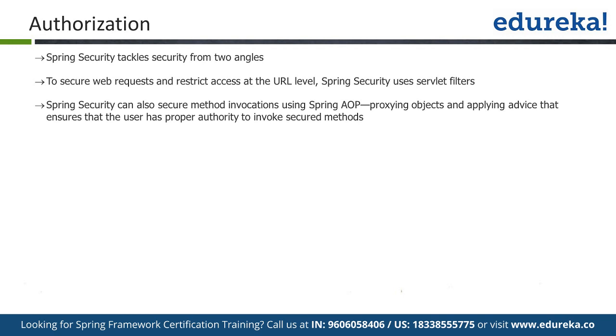We'll gradually see the levels of security which can be used in Spring. So the very first level of security is securing your web request with the help of authentication and authorization. Then securing your web request by restricting access to certain URLs if you don't have that permission. For all these things, Spring uses servlet filters.